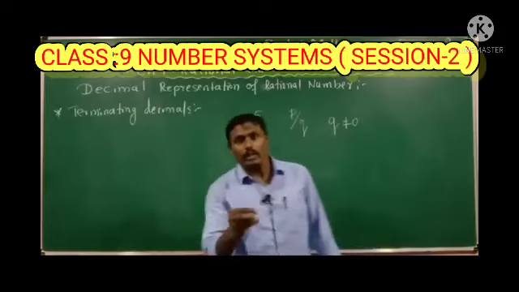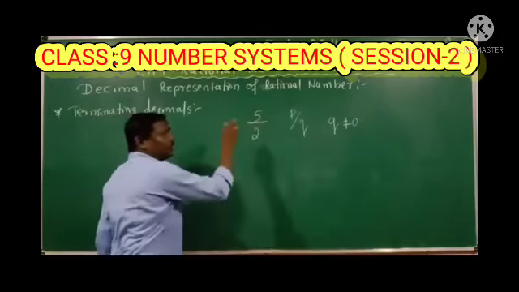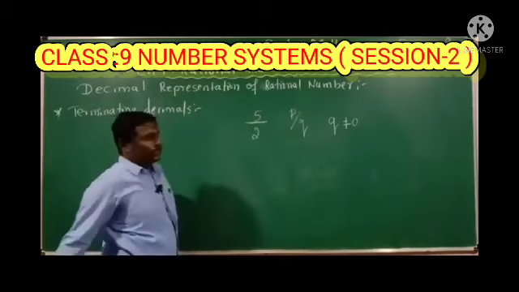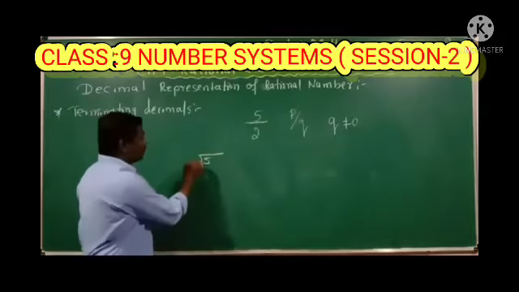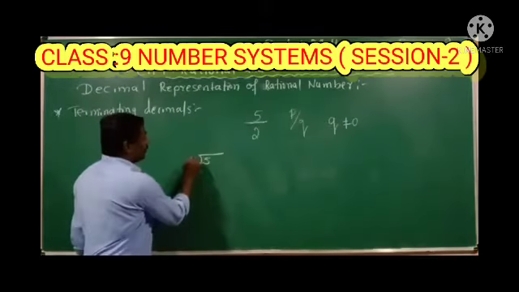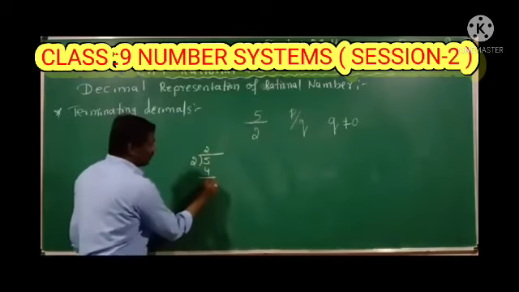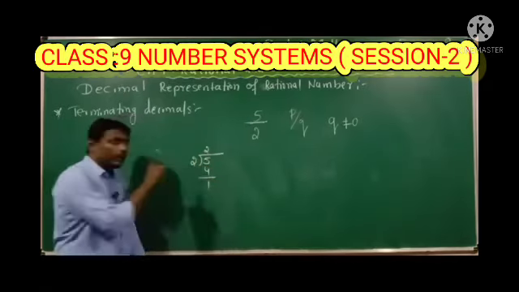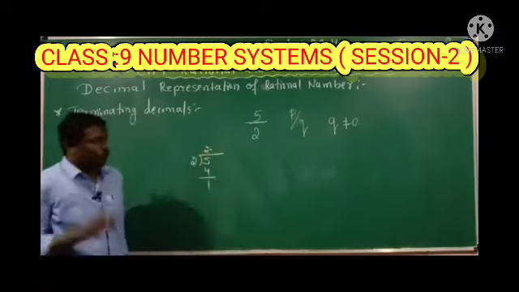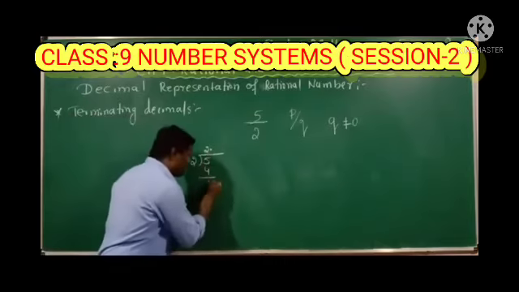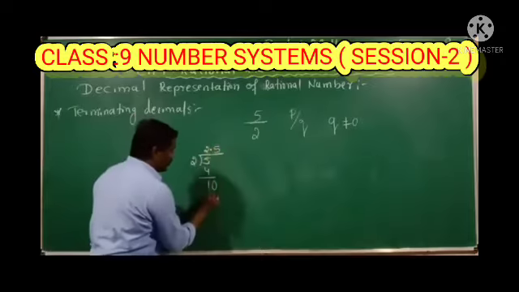If the q value is 2, you can easily divide the numerator by the denominator. So the basic method, the division method: just divide 5 by 2. 2 2s are 4, right? What do I get as remainder here? 1 is the remainder. Take the decimal point here. If I take the point, it becomes 10. 2 5s are 10.